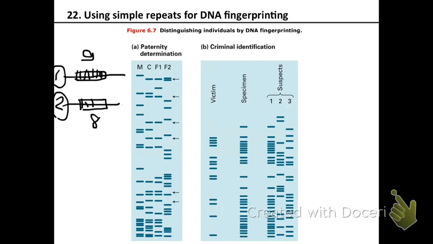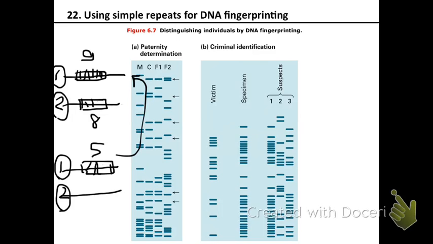In a second person, for the same loci, that person might have 5 copies of this certain repeat, and then maybe 13 copies of this one. So at 2 different sites, they have different copies of the repeats.